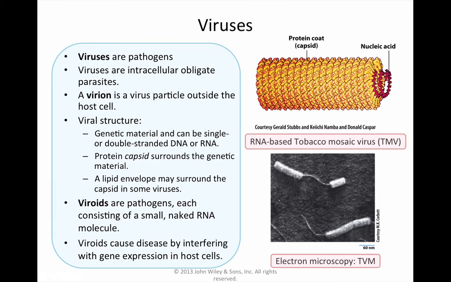So while humans have double-stranded DNA and prokaryotes have DNA as well, but in a circular form, viruses can be in the form of DNA or RNA. They can be single-stranded or double-stranded, so there's a wide variety of their genetic material and how it is encoded.